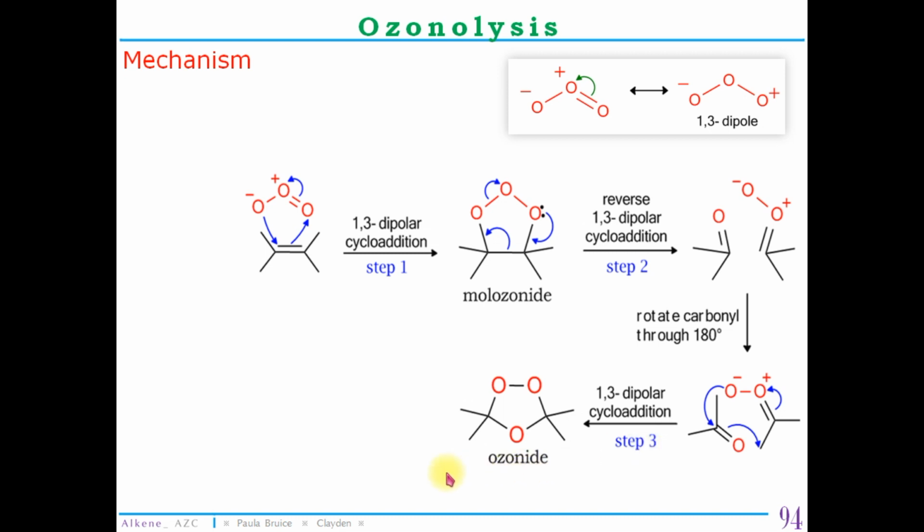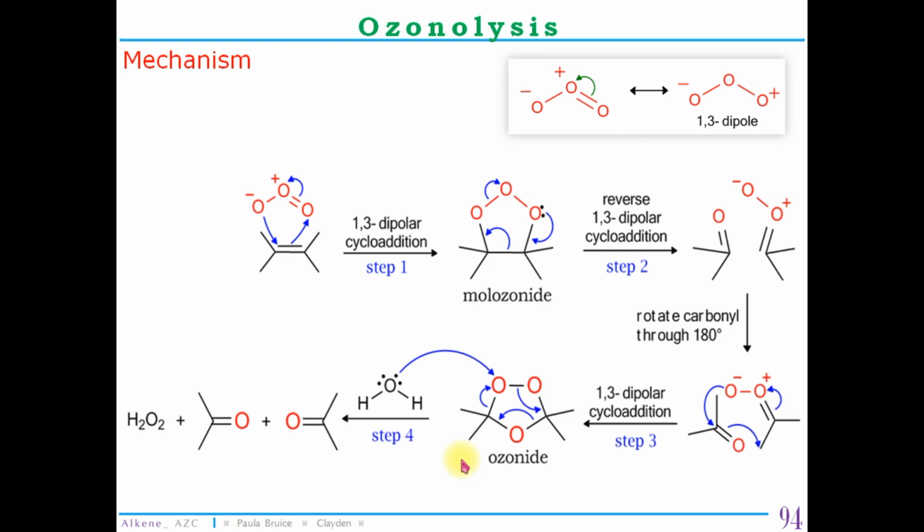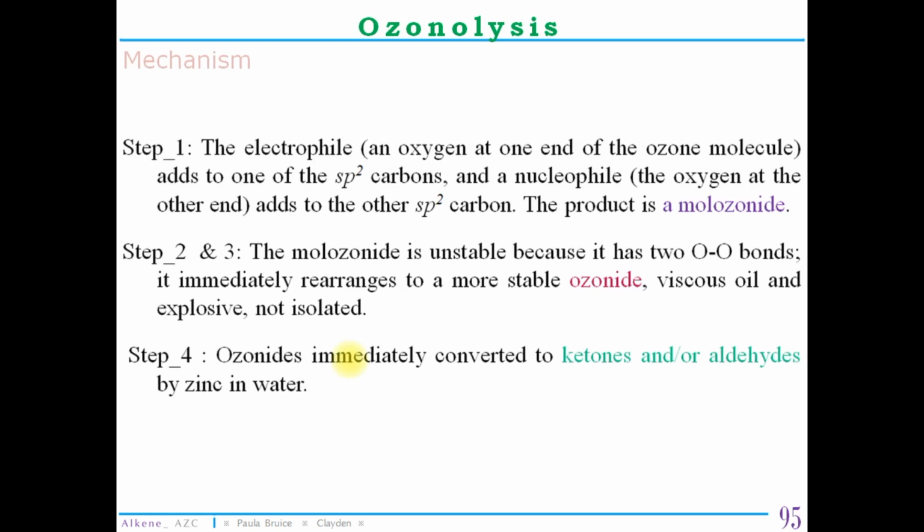Now, depending upon various other reactants, ozonide gives different kinds of products. Here is the example of water, where it gives a carbonyl compound. Here is the explanation of all steps.